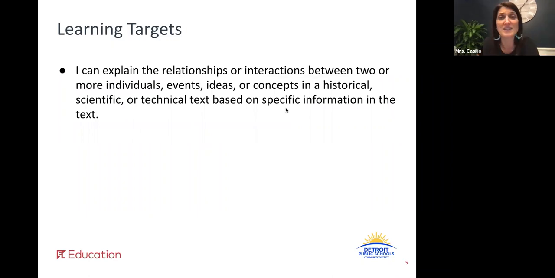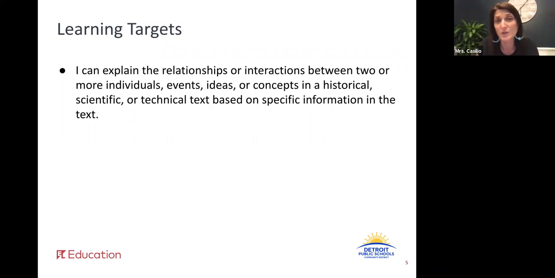Okay, so let's take a look at this learning target. I can explain the relationships or interactions between two or more individuals, events, ideas, or concepts in a historical, scientific, or technical text based on specific information in the text. So this is a new learning target. Let's take a look at it together. I can explain.